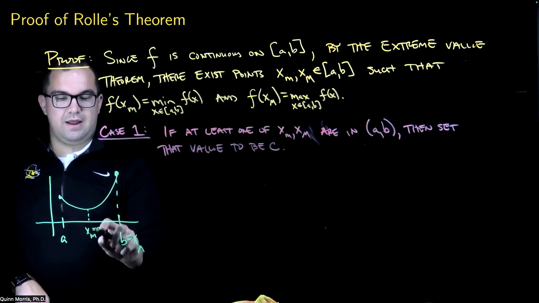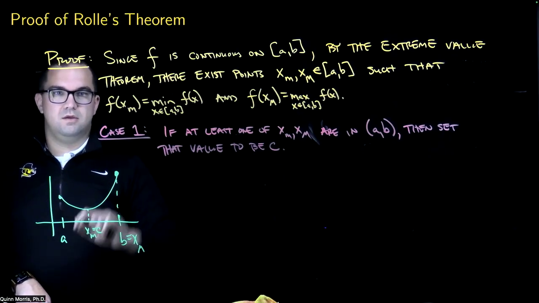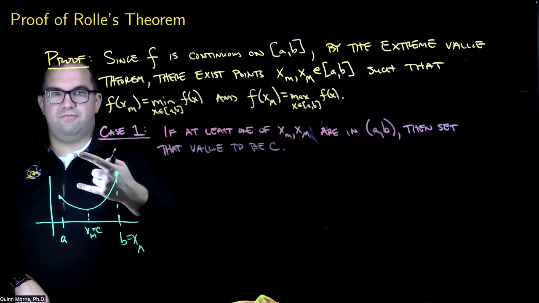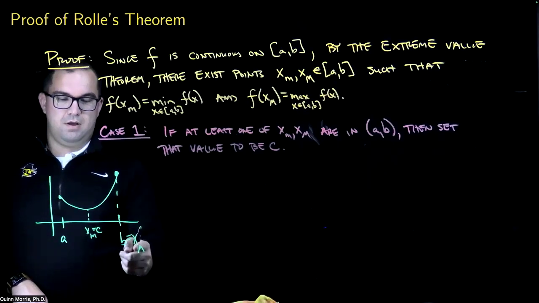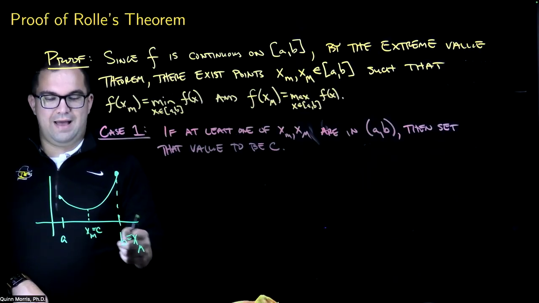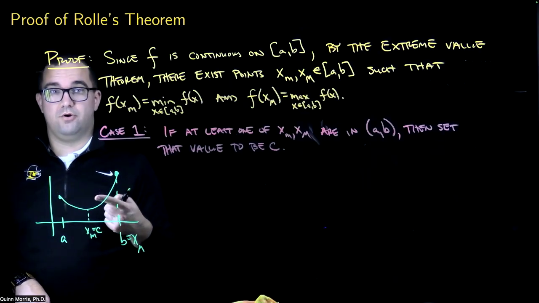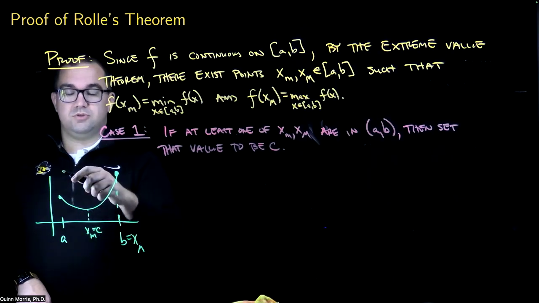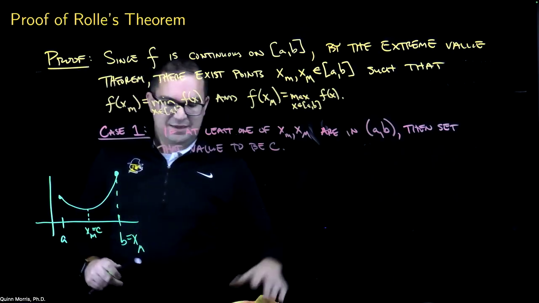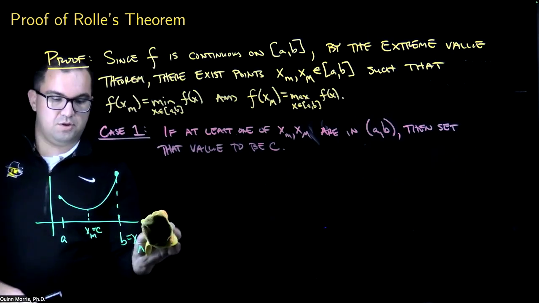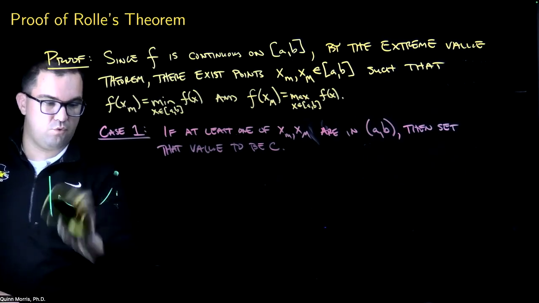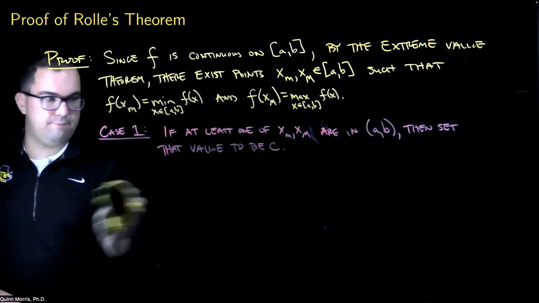So we're just going to call that our point C. You can imagine if you flip this graph upside down, you'd get the reverse situation where the minimum value would occur at the endpoint and the maximum value would occur in the interior. You can also, of course, come up with examples where both the maximum and the minimum are in the interior. In this case, I just need one of them to be in the interior for this part to work.